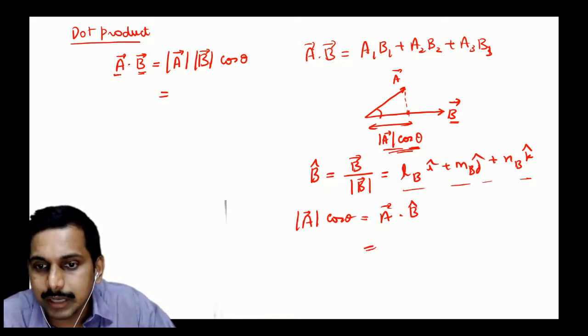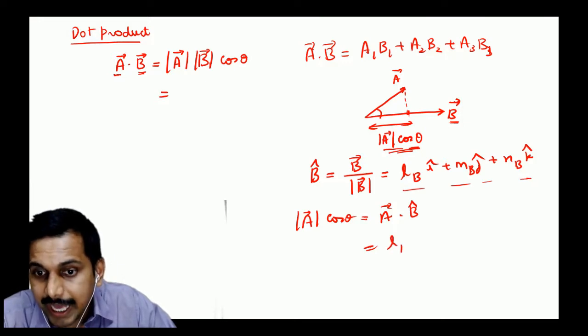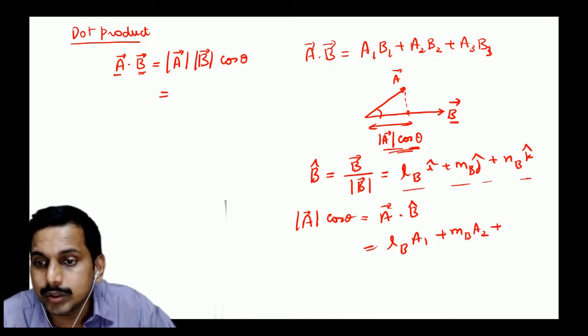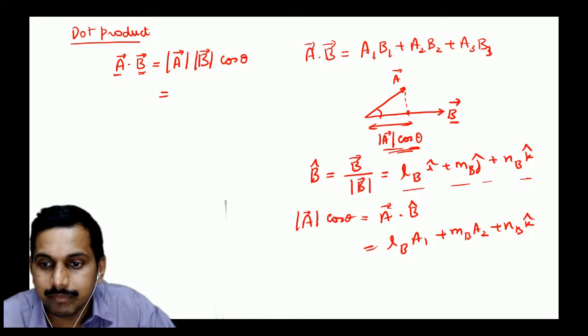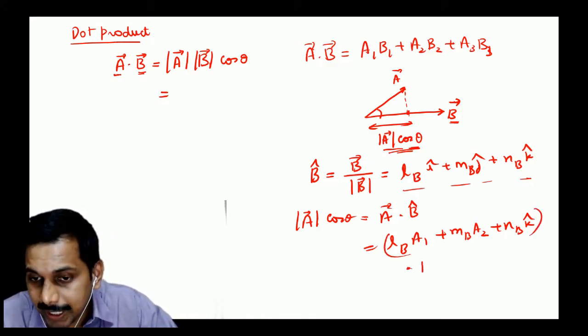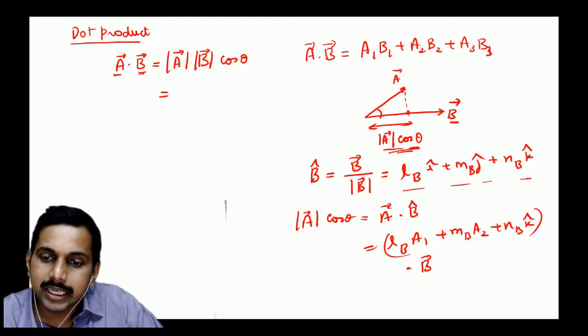So when we do this, A dotted with the B unit vector comes as lb into a1 plus mb into a2 plus nb into a3. Now this dotted with my B vector. Now you see what this B vector is.